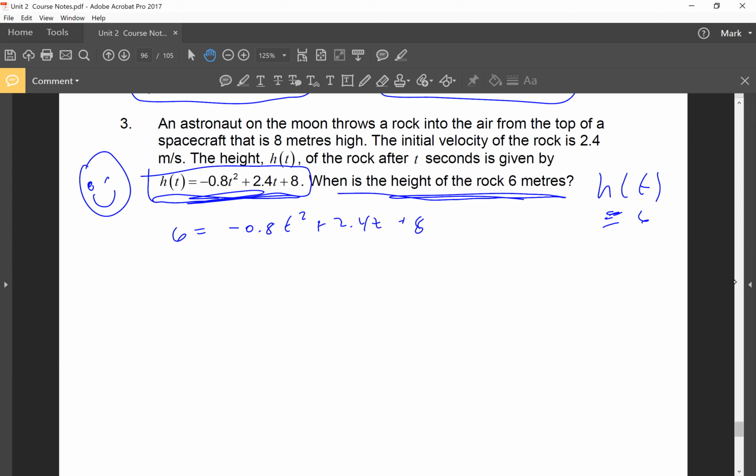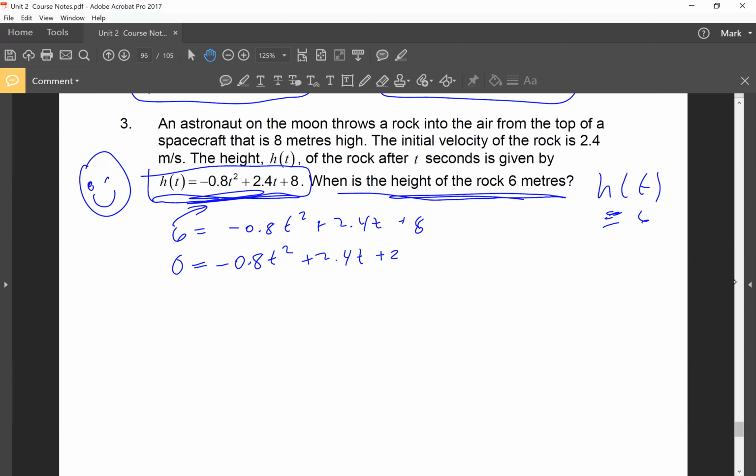Now, I'm going to simplify this equation by putting everything on the same side. So I'm going to move the 6 over, and I end up getting 0 equals negative 0.8 t squared plus 2.4 t plus 2. If you're wondering where the 2 comes from, it's just 8 minus 6.